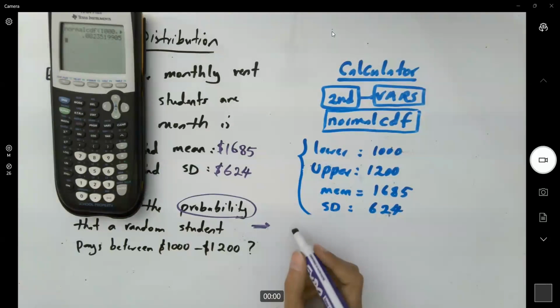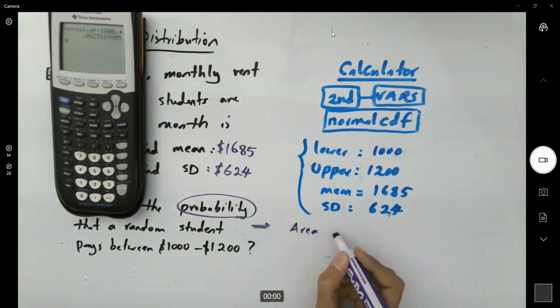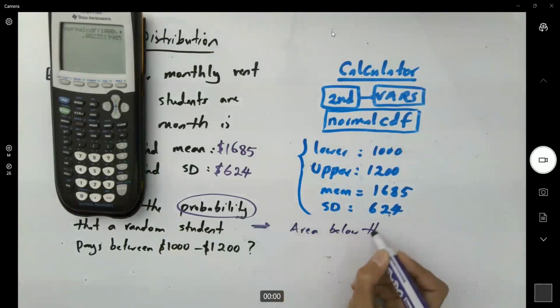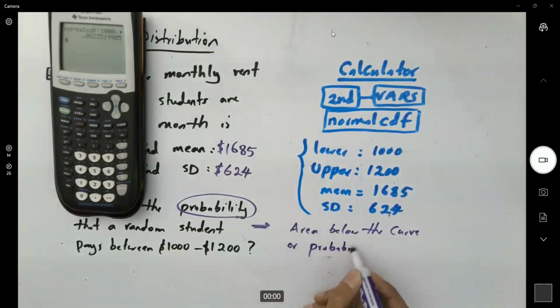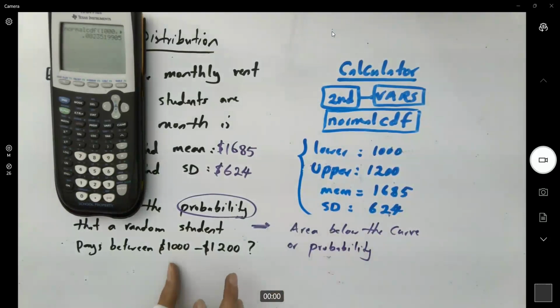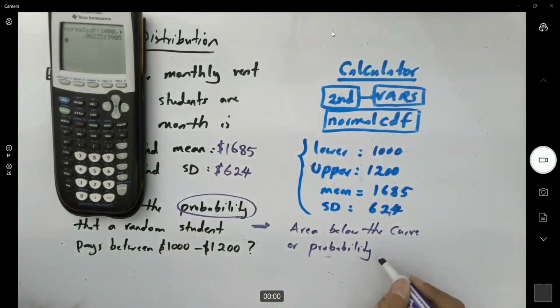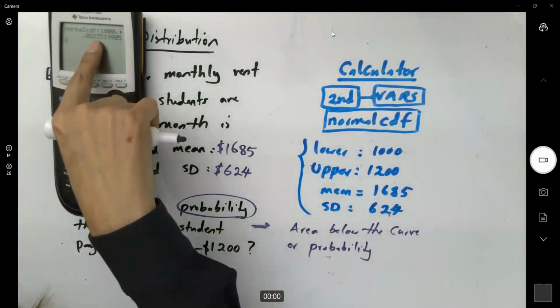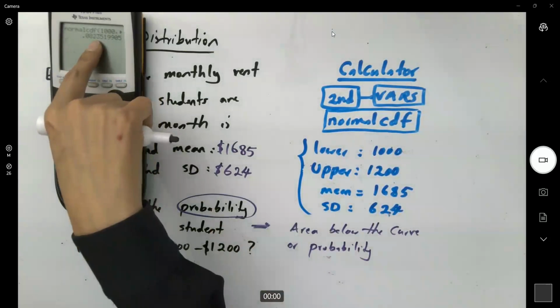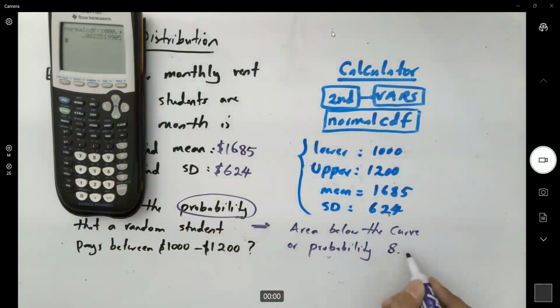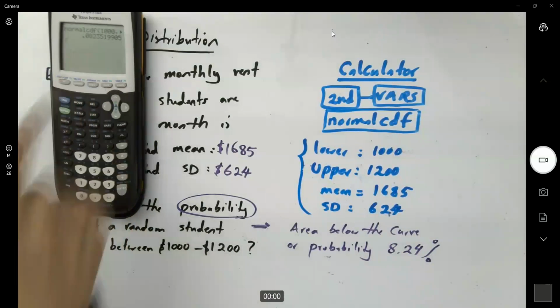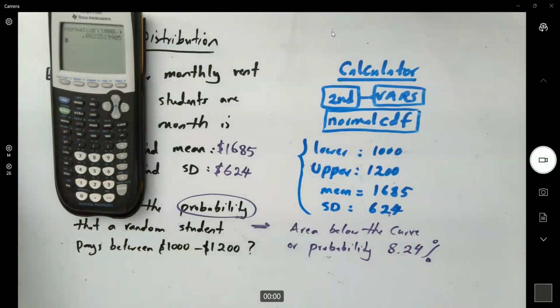So the area below the curve, or the probability that that person pays between 1,000 and 1,200 is 8.24%, all right, 8.24%. I read it wrong, it's 8.24%. Very good.